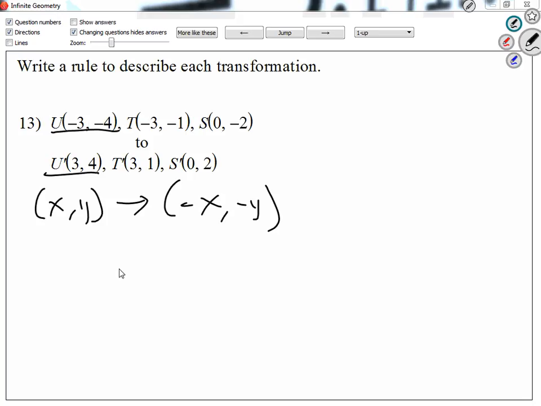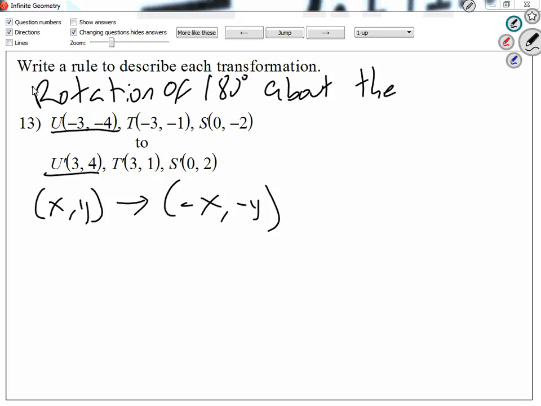So when it says write a rule, I'm just going to write, let me write it up here, rotation of 180 degrees about the origin. When it was 90 degrees, it's important you tell me clockwise or counterclockwise. But for 180 degrees, it doesn't matter.